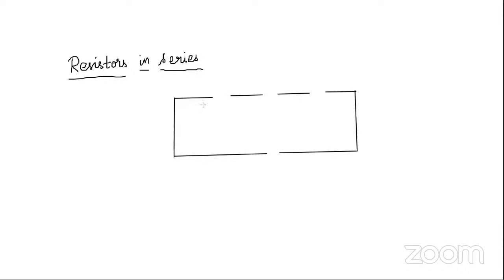So here I am having resistances. Here it is R1, this is R2, this is R3, and you have a connection here, source, and the current flows like this.